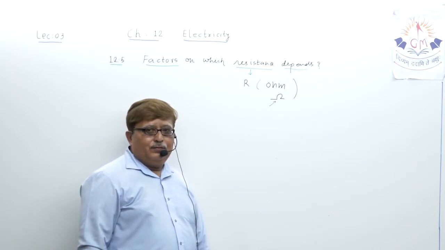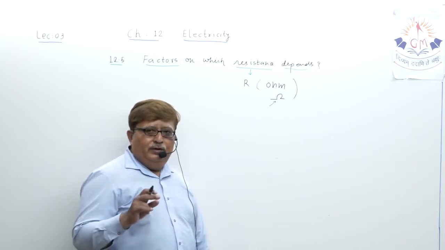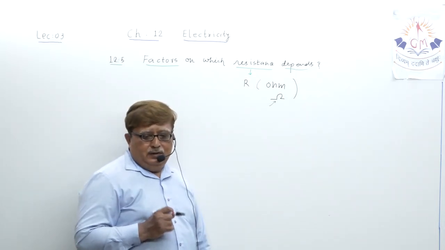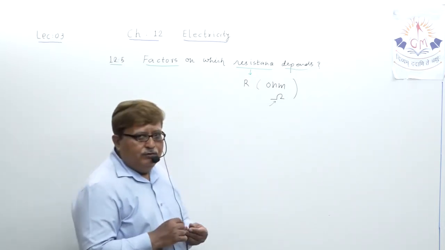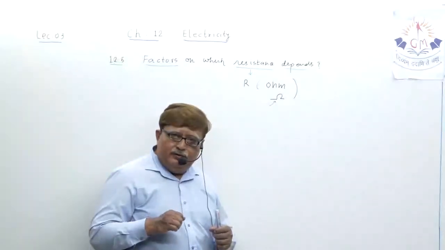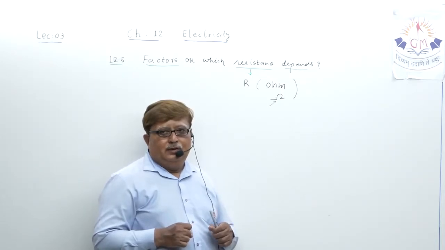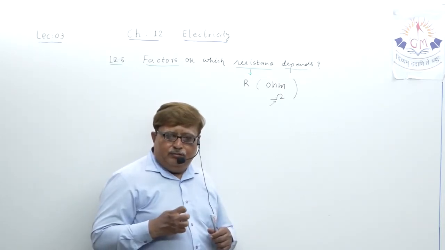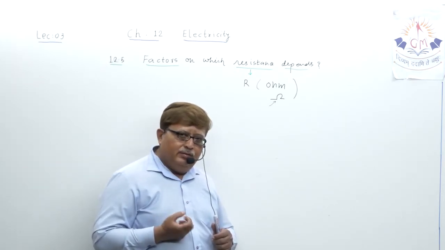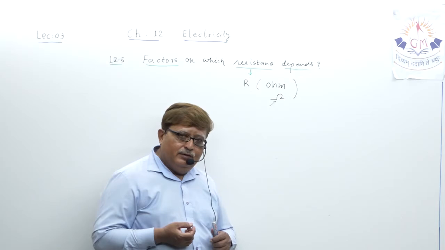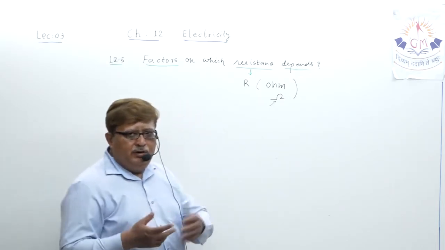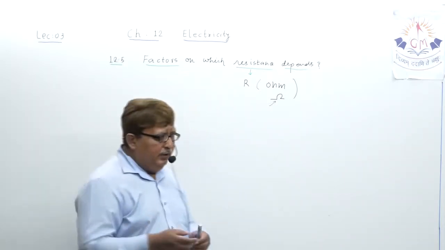Before we understand that activity 12.3, the question is 12.2, sorry. The question is how the idea of resistance came. There can be some substantial reason how the idea of resistance came in the mind of the scientist. So they must have done some experiment, and during the experiment they came to know.